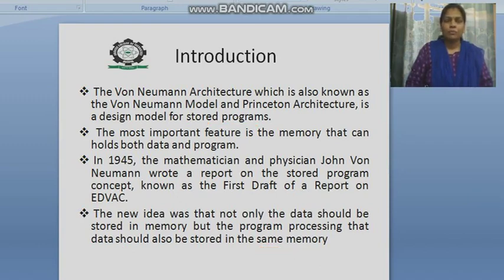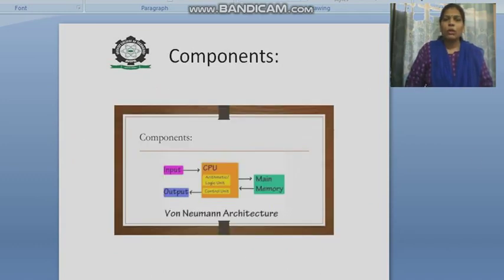Okay, fine. In the next slide we are going to discuss the fundamental components in the von Neumann architecture which he proposed. In von Neumann architecture, clearly you can see the main component, and this is the CPU. The full form of CPU, as you know earlier, is central processing unit.